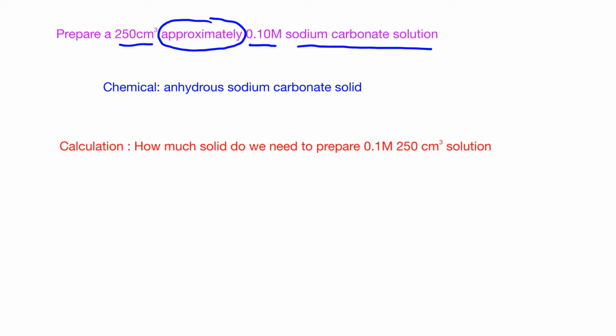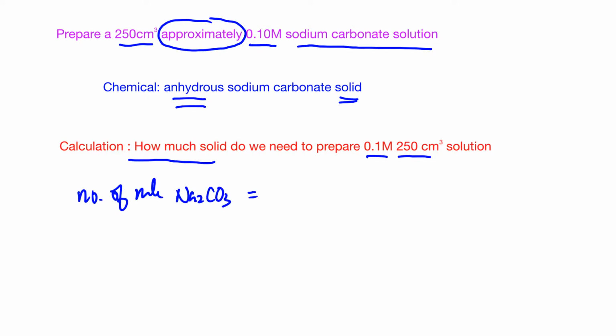Say for example, the chemical that we're using is anhydrous sodium carbonate solid. If we want to prepare 0.1 M, 250 cm cube solution, how much solid do we need? First of all, we have to calculate the number of mole that we need, the number of mole of Na2CO3.